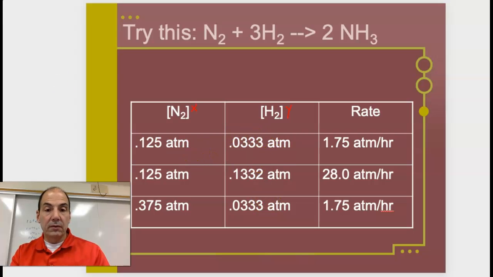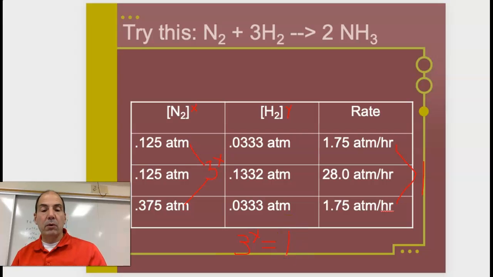So now I'm going to divide 0.375 by 0.125 and get 3. That's an ugly 3, but you get the idea. 3 to the x. And then I'm going to take 1.75 divided by 1.75. I can do that in my head. That's 1. So now we know that 3 to the x equals 1.